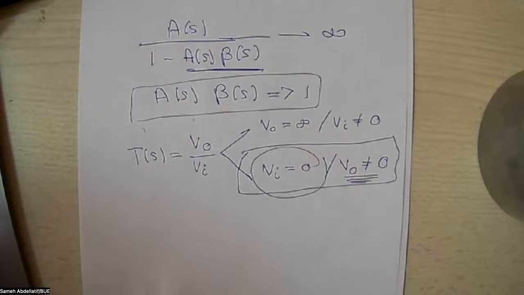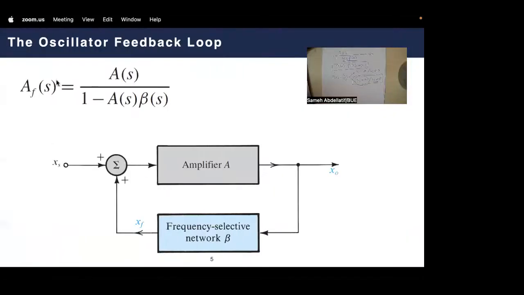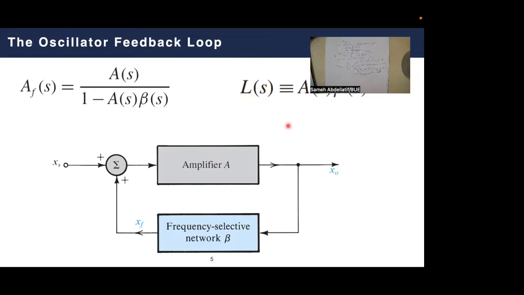So back to our presentation slides. Okay, perfect. So in this case, we have what we will call L(s), which is simply the multiplication of the transfer function of the amplifier, A(s), and the transfer function of the frequency selection circuit, beta(s).